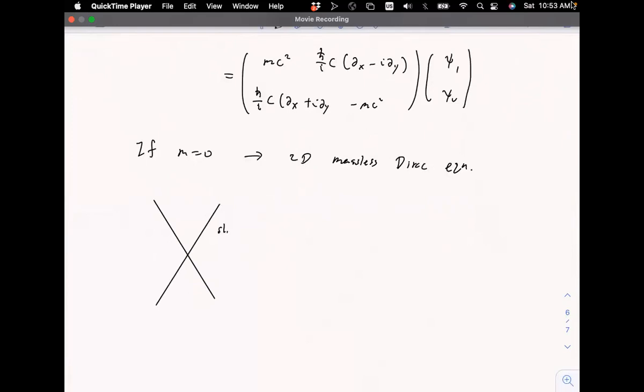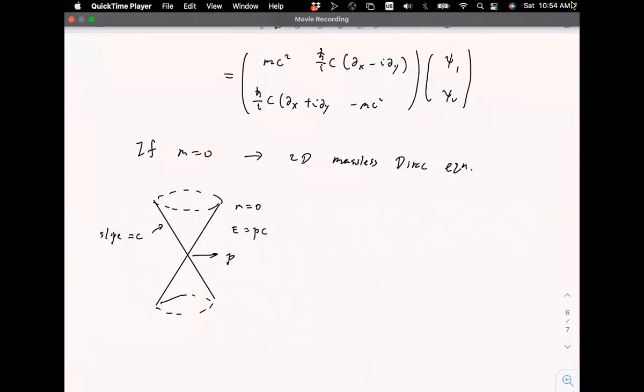I mean, the slope here will be c, E equal to pc. If you plot as a function of k, if mass is 0, then you will see a cone. It's 2D, so it will be a cone. The slope is c.